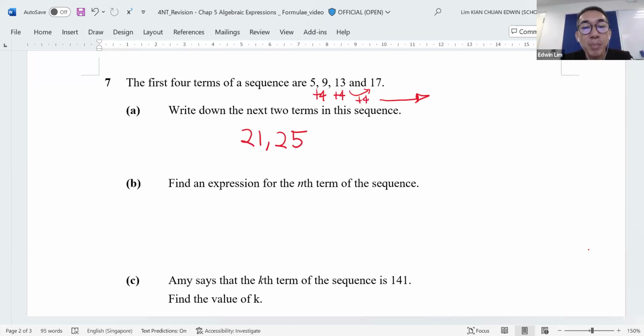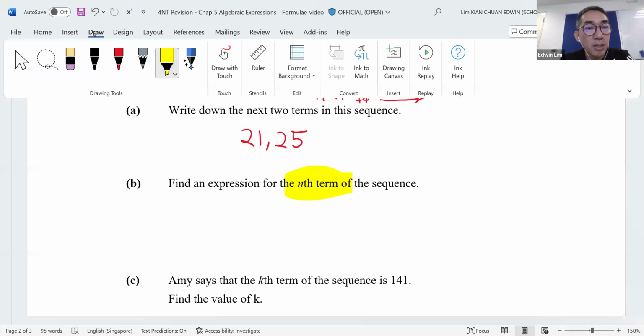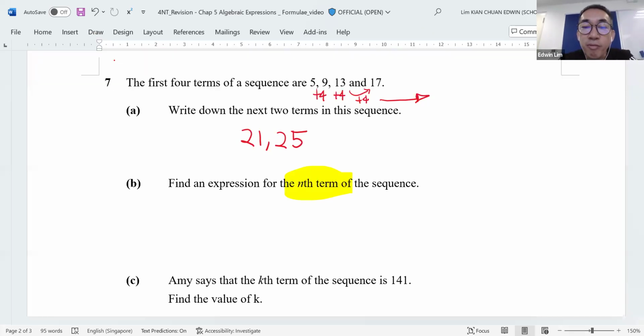Okay, part B. Part B is important because it always comes up. Find an expression for the n term. The moment they ask about n term, they're actually asking you what is the formula for this number pattern.